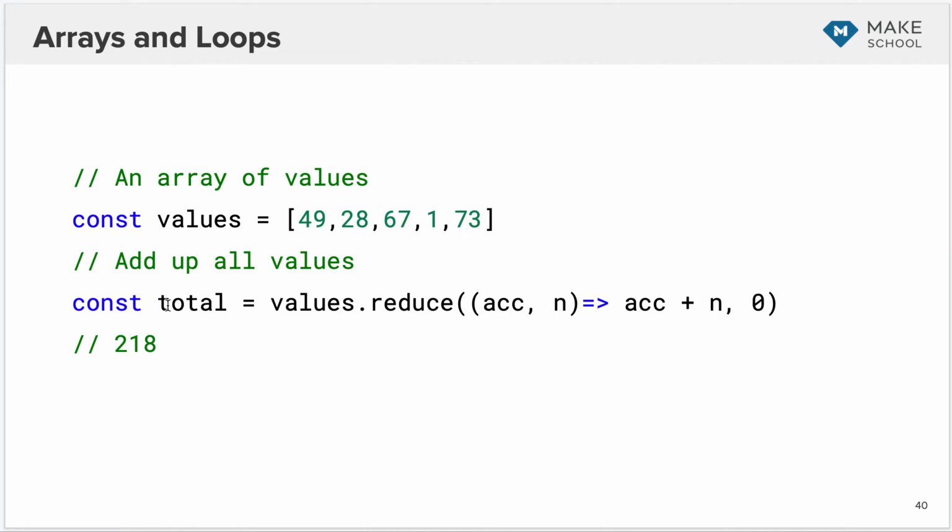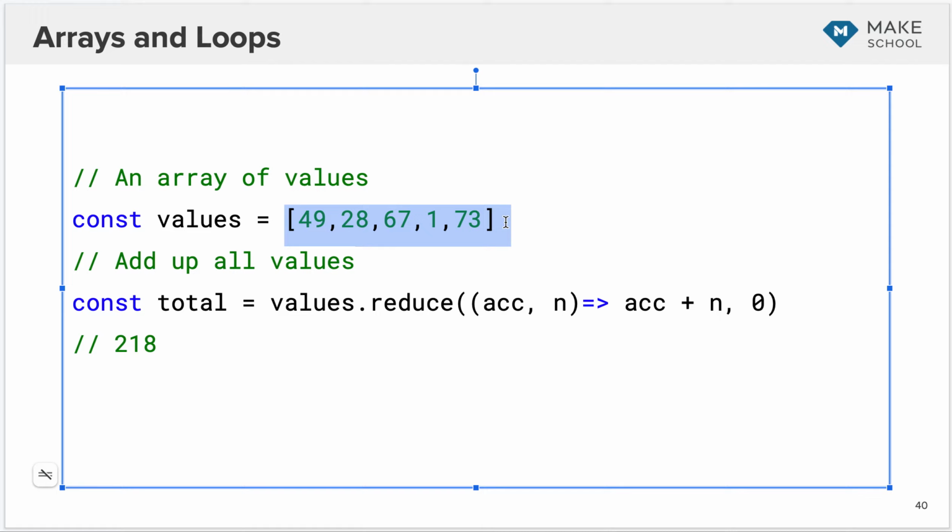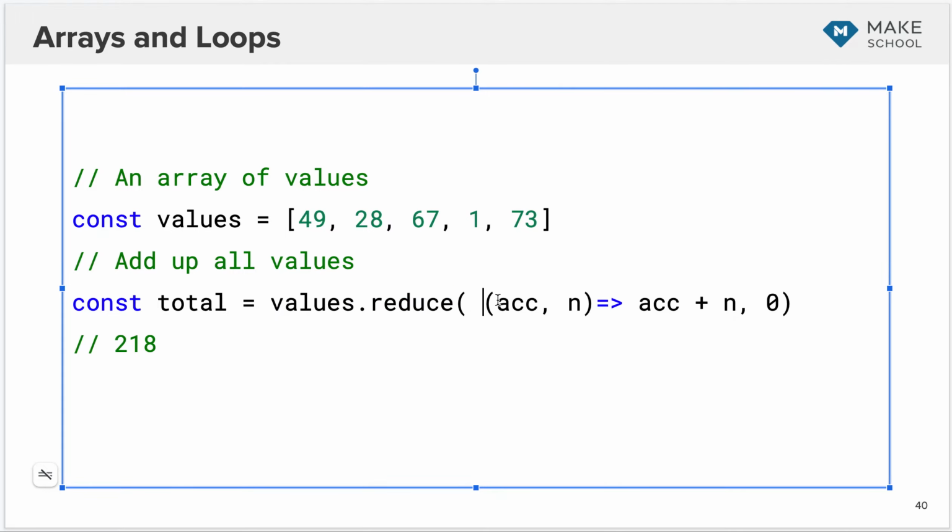Let's take another look. Here's one with real numbers. Let's imagine we have an array of numbers, and what we want to do is get the sum of all the numbers, add them all up. So we could say values.reduce. This is our callback here.